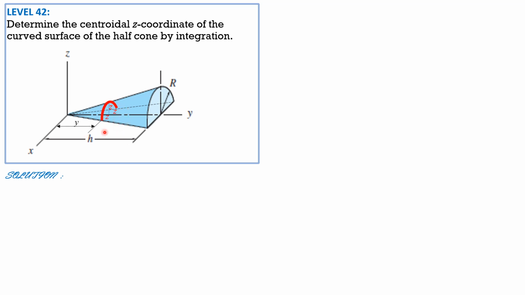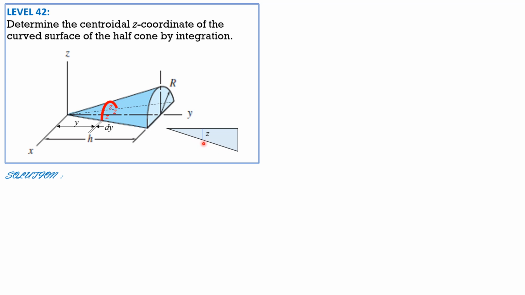And that's why the thickness is dy. The variable of integration is y, but the surface has this slanted differential element which is denoted by ds. So that you can view it, let's draw the top view. So this is the top view. We have here the strip which is z.